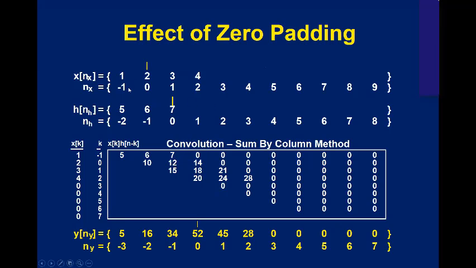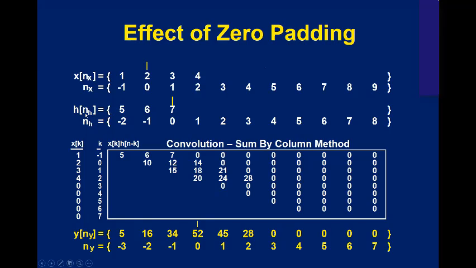So this complicated slide is just running two different signals through our sum by column table. As it's defined here, x sub n is a non-causal signal that has 4 sample values, 1, 2, 3, 4, where n equals 0 is at sample value 2.